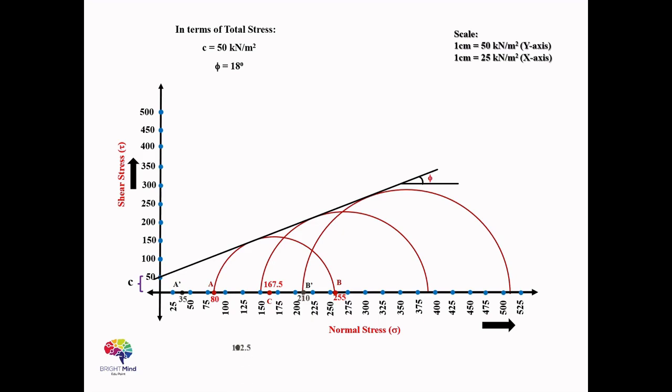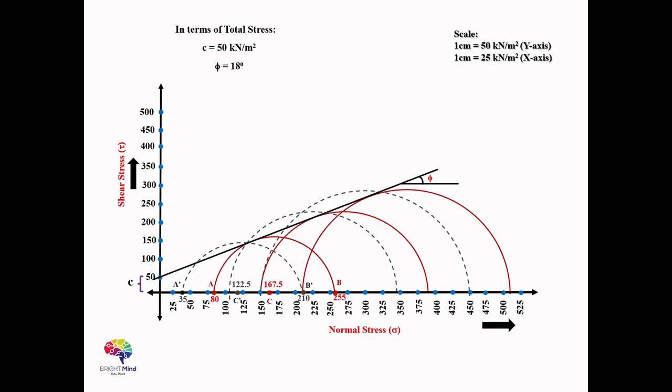We'll take the center of these two points, that comes out as 122.5, and we'll label it with point C dash. Now we'll take C dash as the center and A dash C dash as the radius. We'll draw a circle which will be touching A dash and B dash respectively. Similar steps are to be followed to draw the Mohr circle for the remaining trials as shown in the graph.